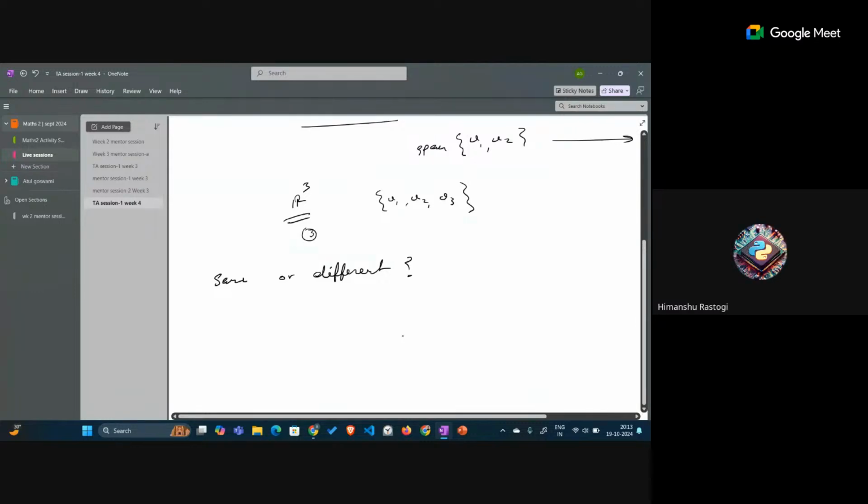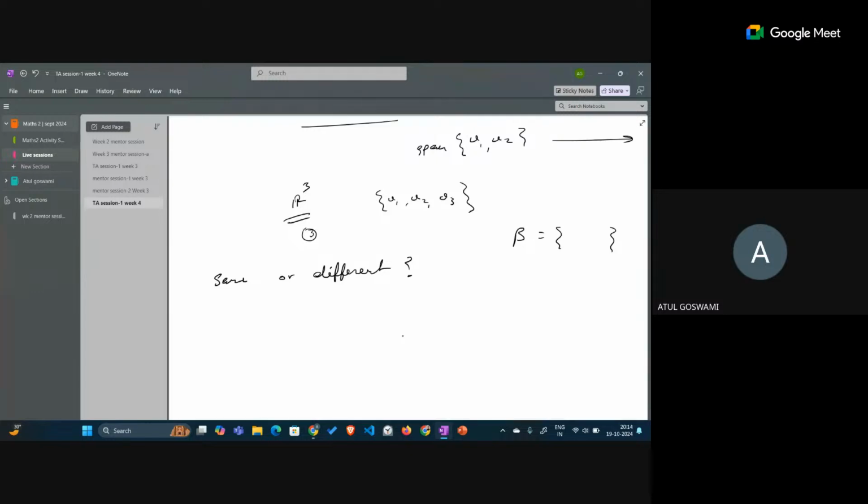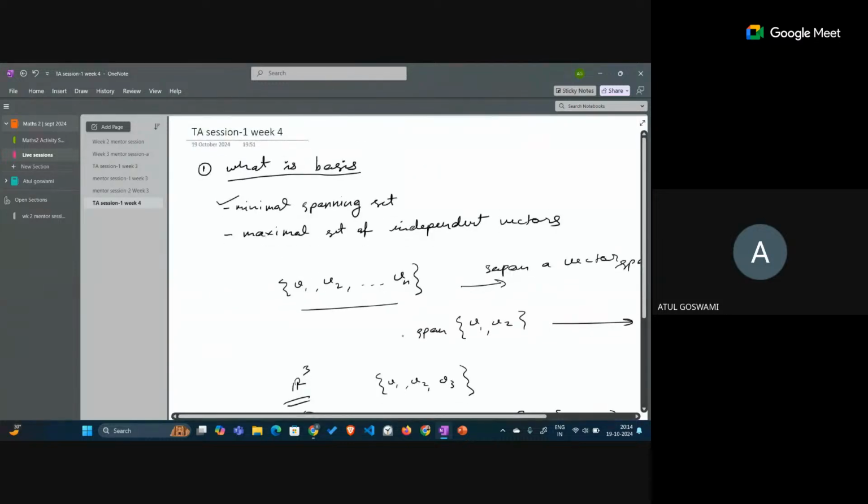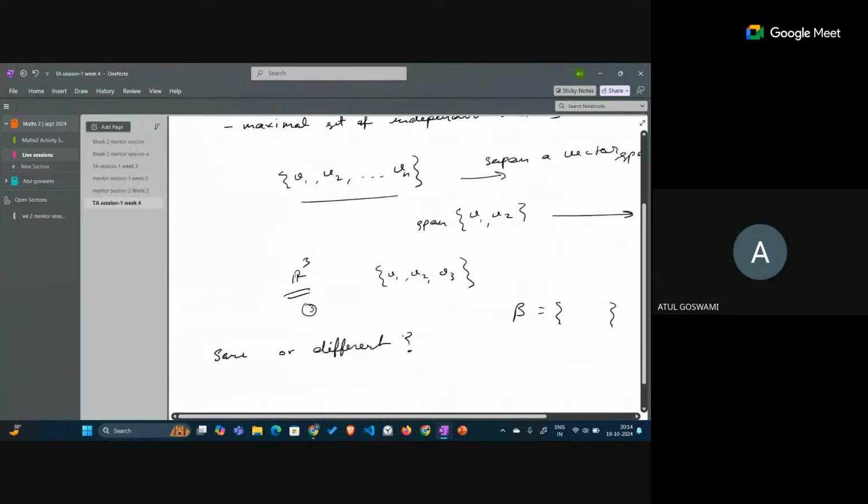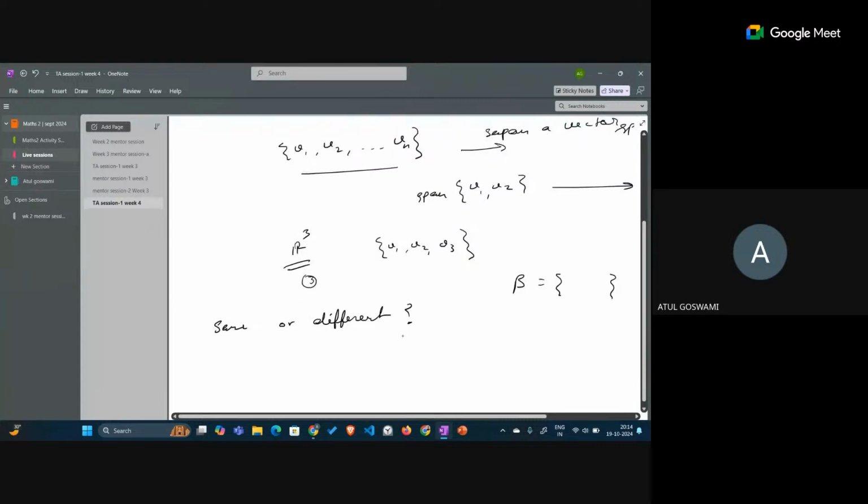Suppose we got a basis, some set of vectors which are spanning this vector space. Is the basis unique or the same?